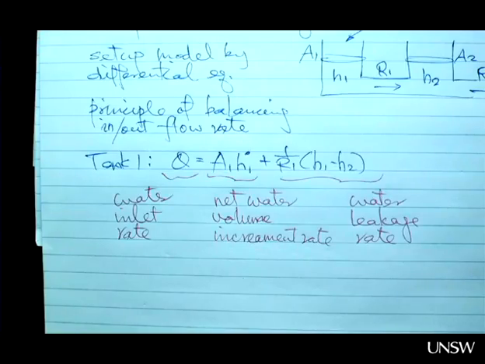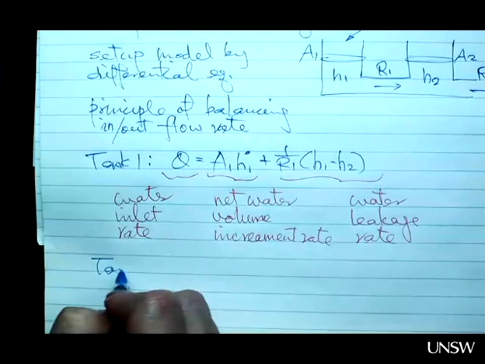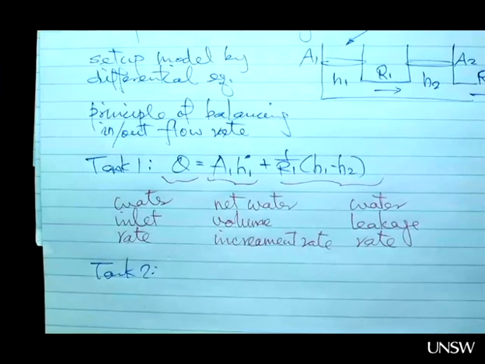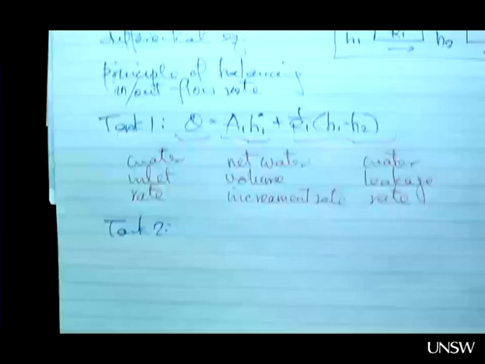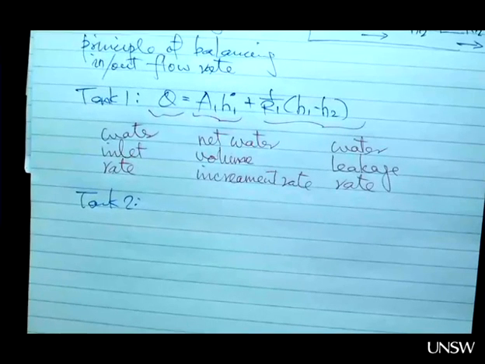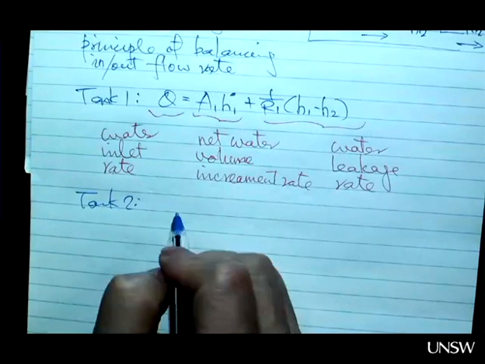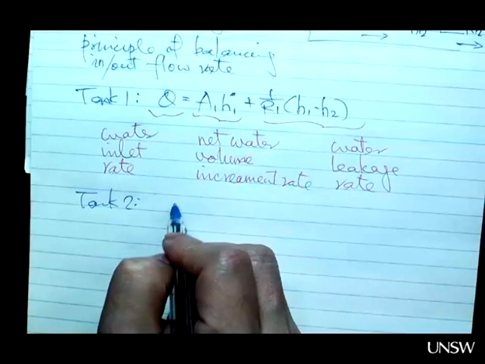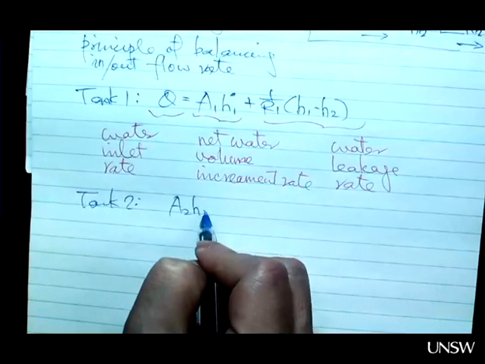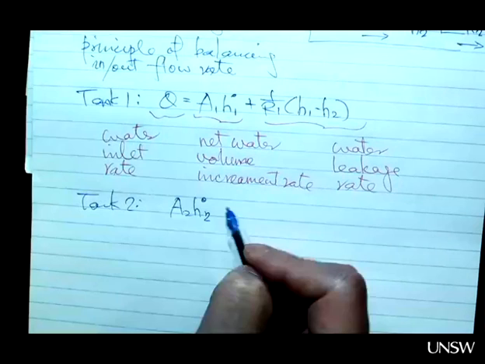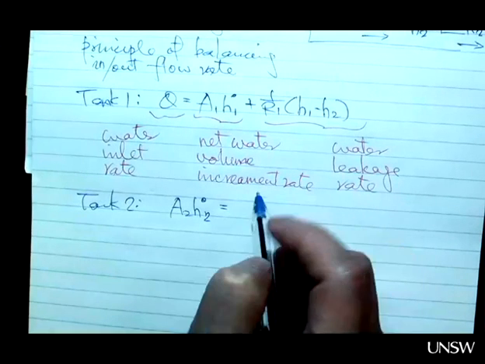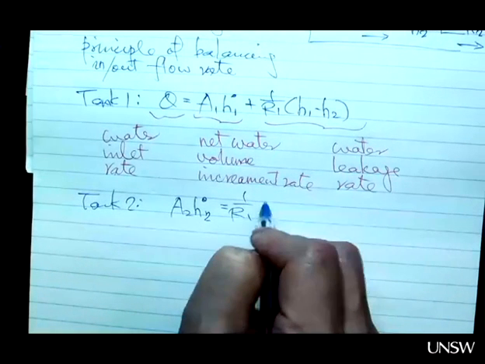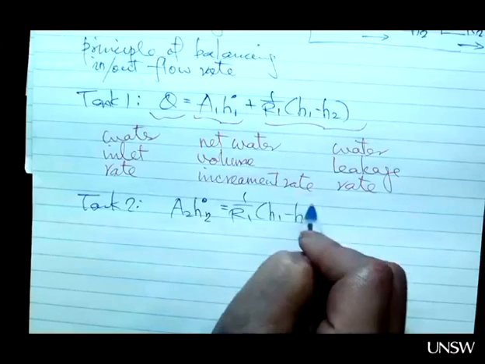And then for our tank 2, the increase of the water level, it is the inlet, and then subtract with the outlet.